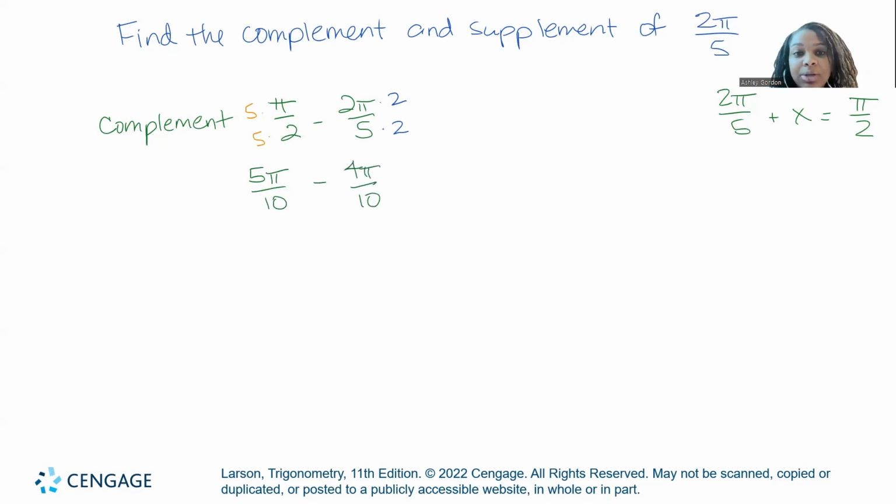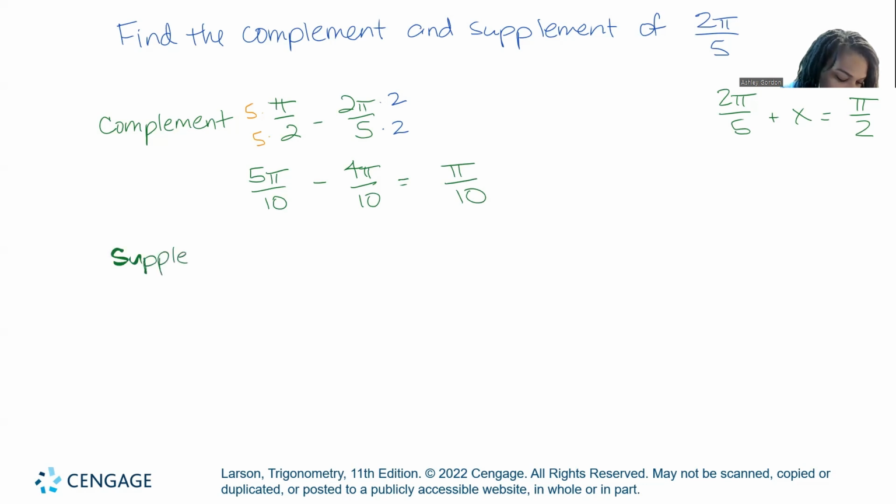Now the denominators match, we can just subtract the numerators. Remember to treat the pi just like a variable. So 5 pi's minus 4 pi's will just leave me with 1 pi. So I've got 1 pi over 10. That is the complement of 2 pi over 5. You can double check. If you add them together, 2 pi over 5 plus pi over 10, you should get pi over 2.